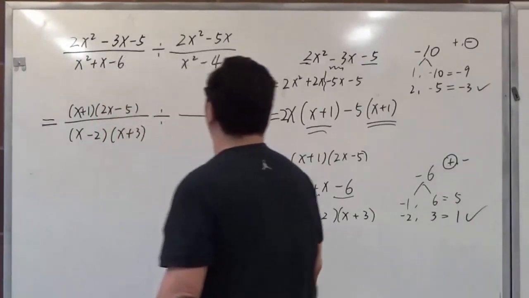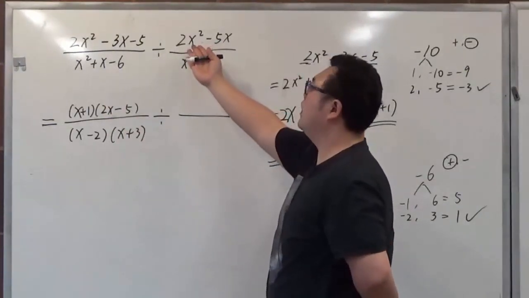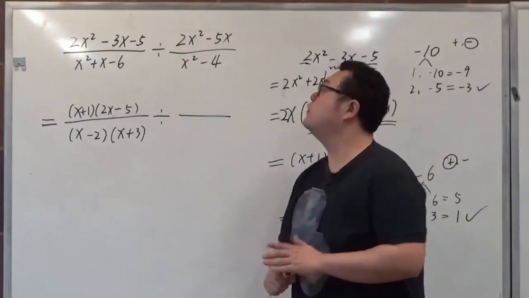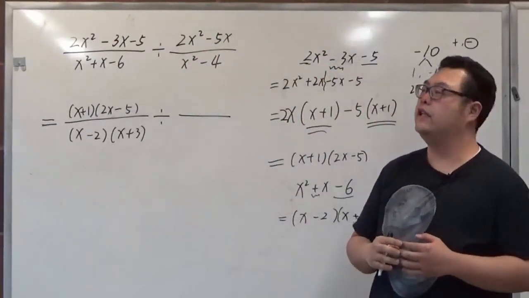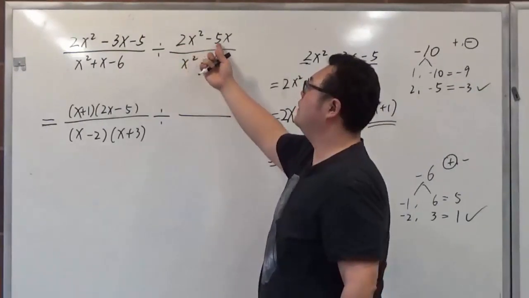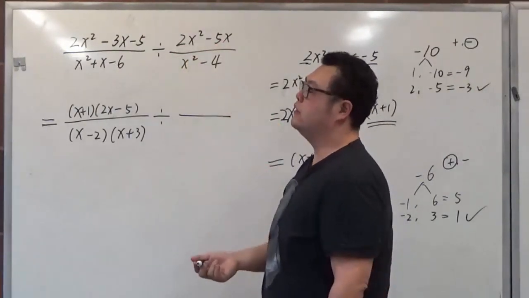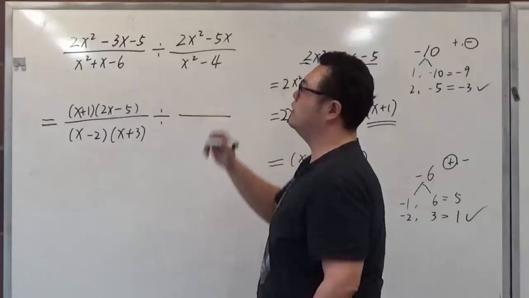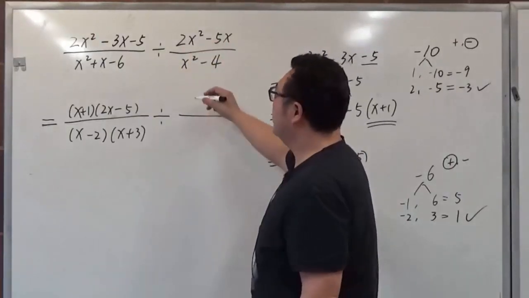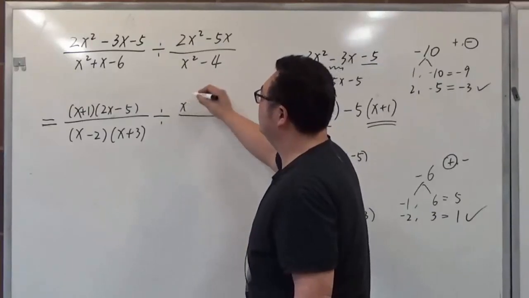Still dividing the expression, over here we have 2x squared minus 5x. As we mentioned before, we can do it by the greatest common factor. The 2 and 5 cannot be factored, since one is even and one is odd. But x and x squared can be factored, so we factor x out.